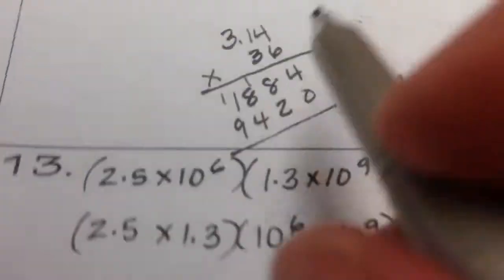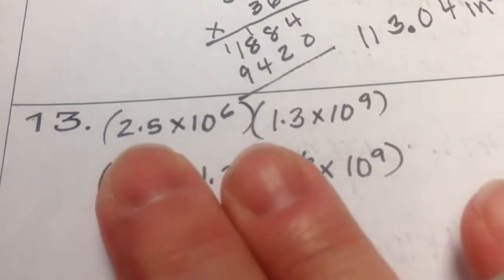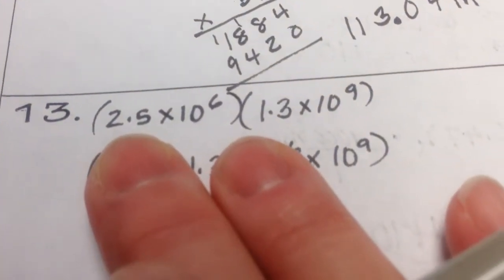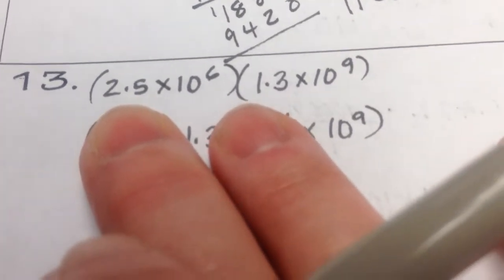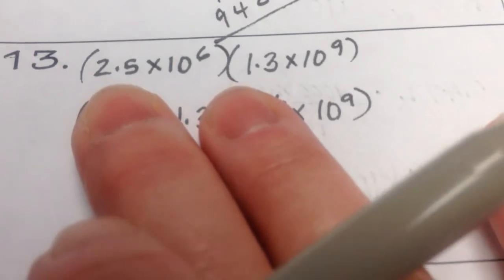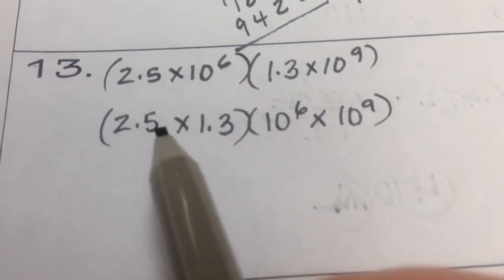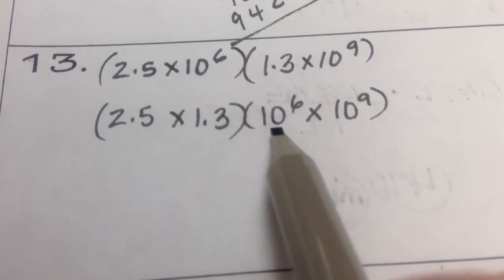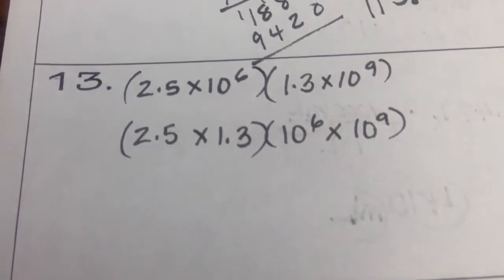15. 15 gives you this top portion, 2.5 times 10 to the 6th times 1.3 times 10 to the 9th. I'm going to gather my like numbers, because I can do that with the associative and commutative properties. So I'm going to put my decimals together: 2.5 times 1.3 times 10 to the 6th times 10 to the 9th.